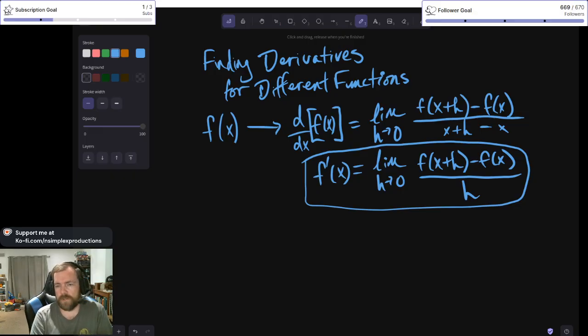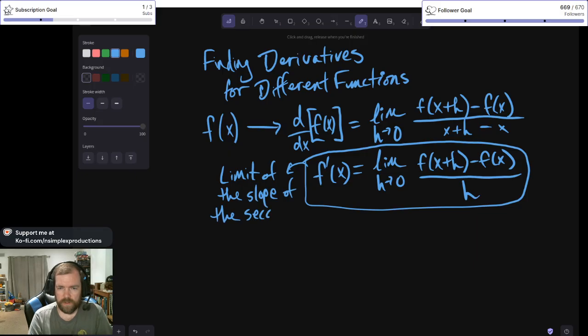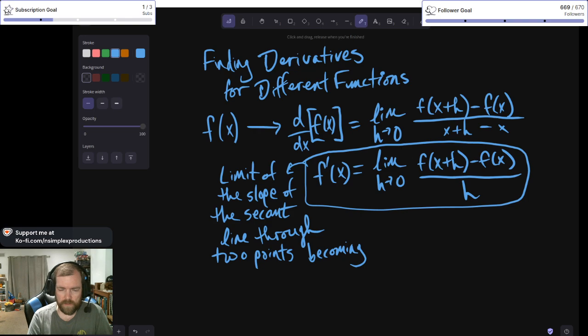Here we were saying that this is looking at the limit of the slope of the secant line through 2 points becoming closer together.